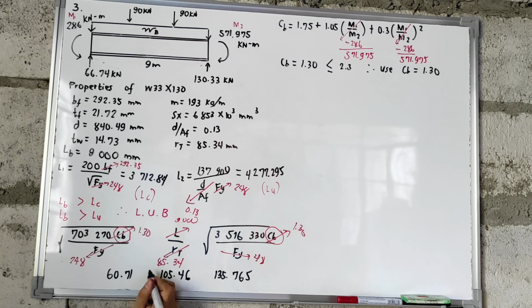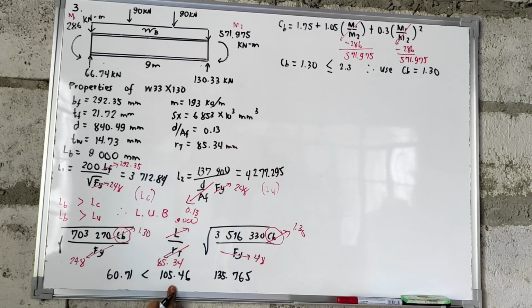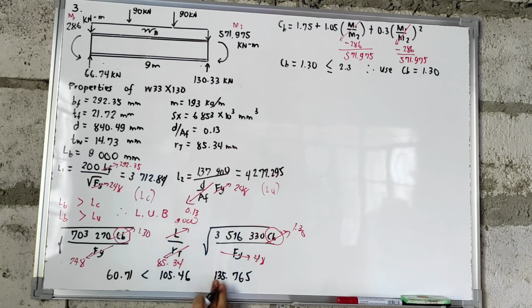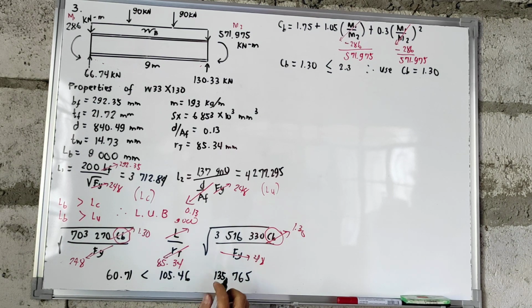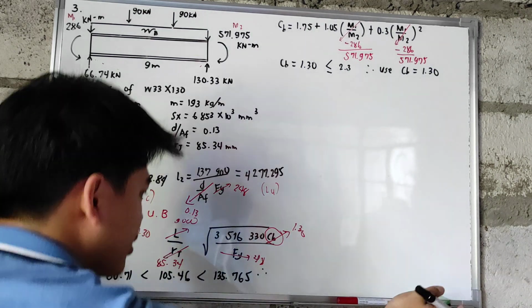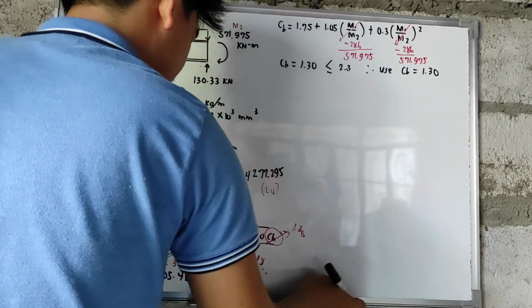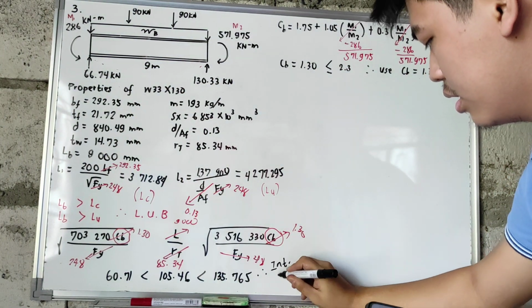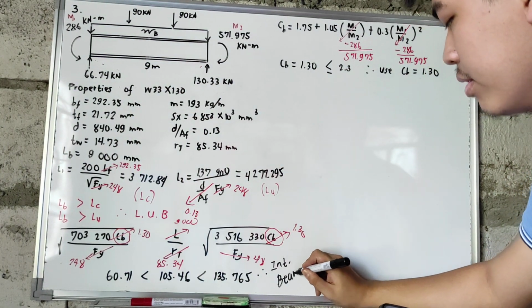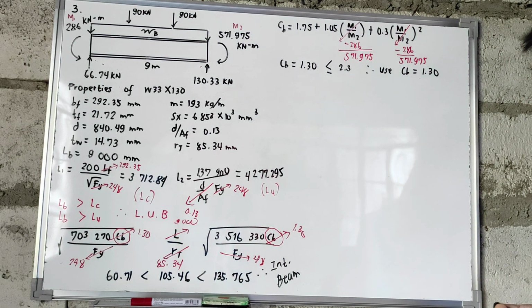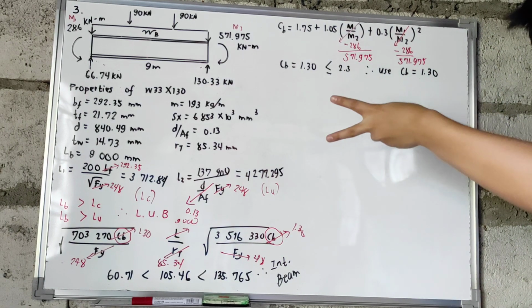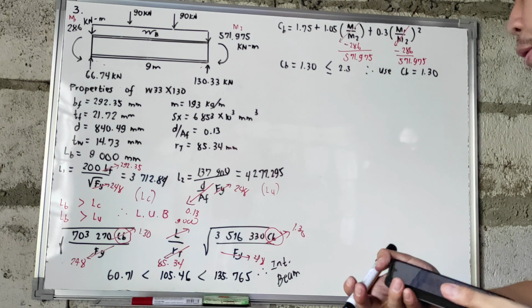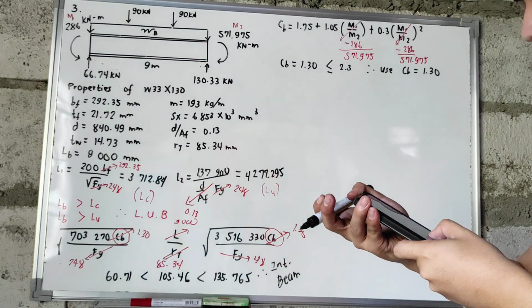So, pag compare na natin sila, eto less than siya dito sa gitna, tapos etong nakapagitna na to, less than siya sa value dito sa bandang right. So, therefore, intermediate yung beam natin. Kapag intermediate beam, gagamit tayo ng dalawang comparison ng allowable bending stress natin.